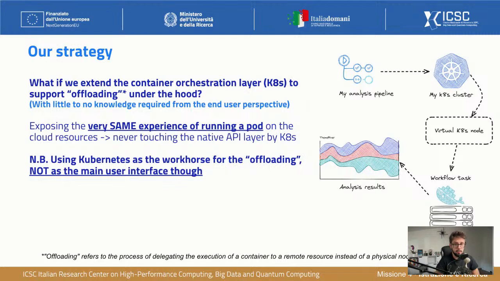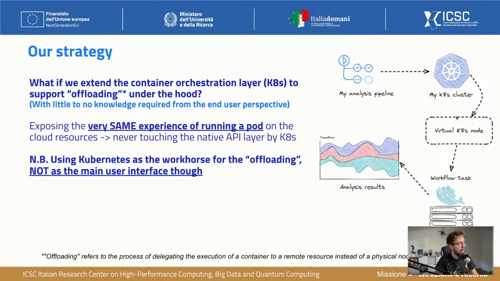Then we can introduce the concept of a virtual Kubernetes node. We want to hide any custom logic from the users. In other words, the user arrives with his pipeline, then asks Kubernetes to run this pipeline on a node that has some particular label on it.